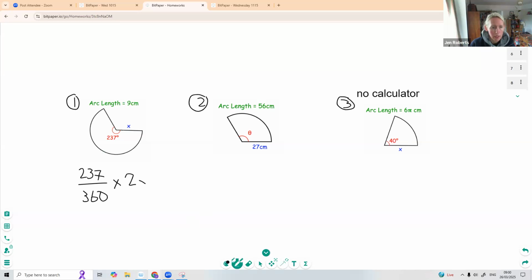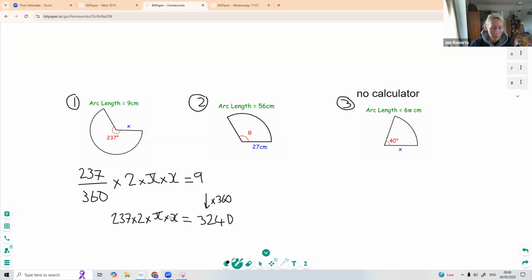Okay, for this first one, we've got 237 over 360 times 2 times pi times the radius, which is x in this example, is equal to 9 centimetres. So we're given the arc length is 9 centimetres. This is the arc length. Again, I'm going to multiply both sides by 360 first, which gives us 237 times 2 times pi times x equals 3,240. I'm going to tidy this up a bit.